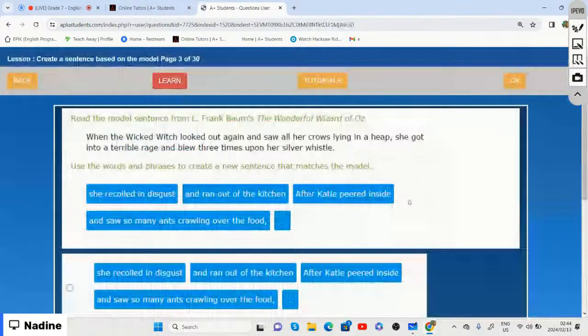We need to read the model sentence from L. Frank Baum's The Wonderful Wizard of Oz. It says, when the wicked witch looked out again and saw all her crows lying in a heap, she got into a terrible rage and blew three times upon her silver whistle.